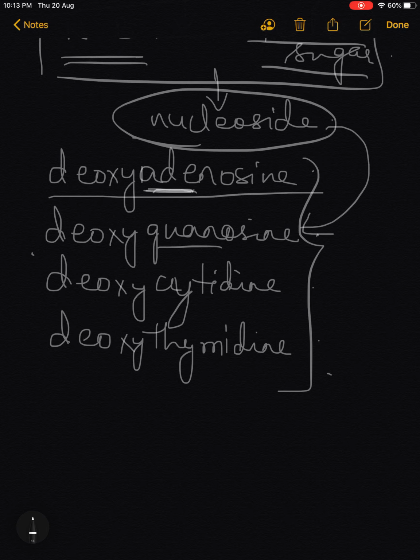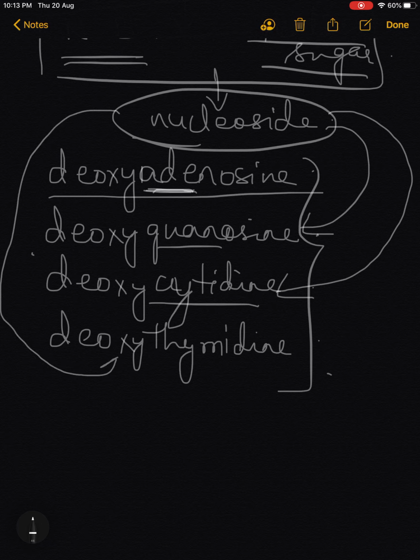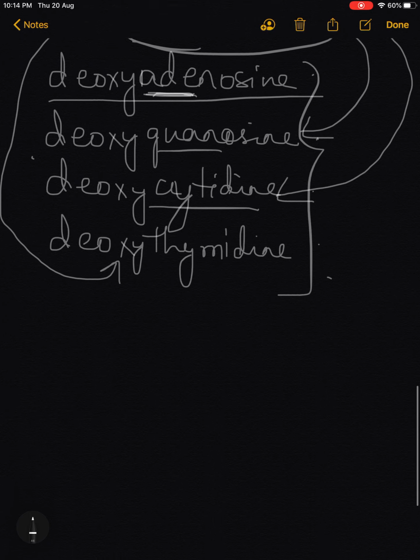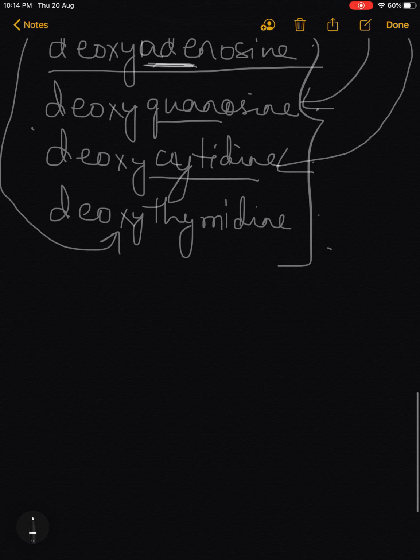Deoxyguanosine. If the nitrogenous base is cytosine, the nucleoside will be deoxycytidine. But if the nitrogenous base is thymine, then the nucleoside will be called deoxythymidine. So understood? I hope you have understood how the nucleoside forms. Now till now nucleotides have not been formed.